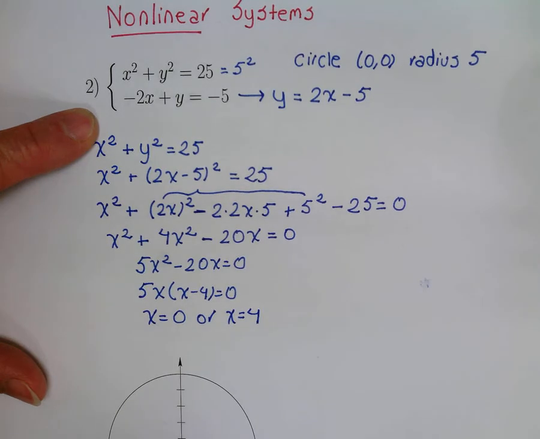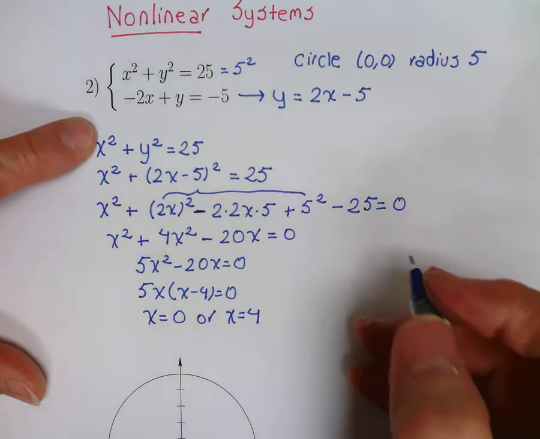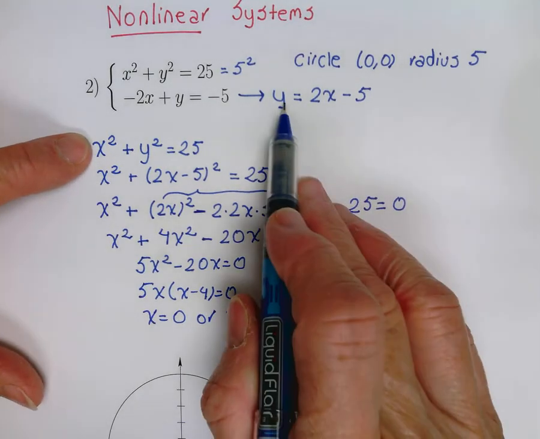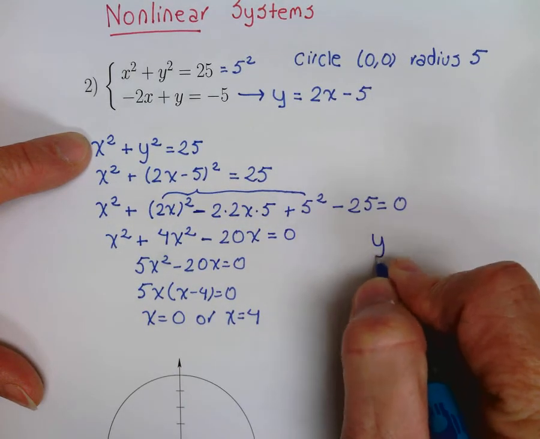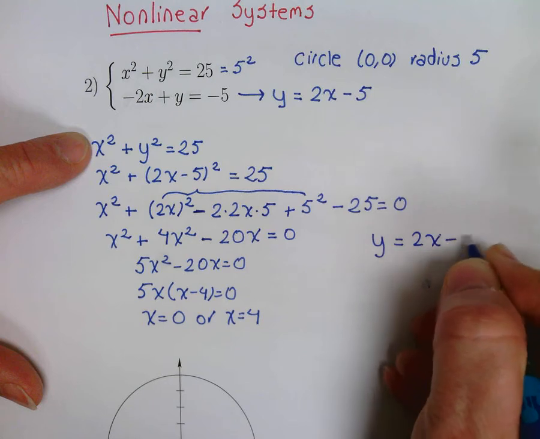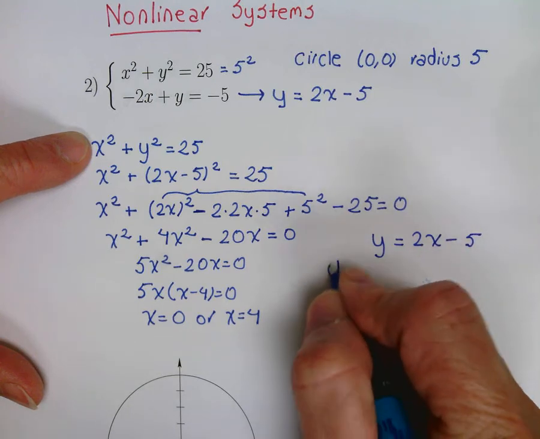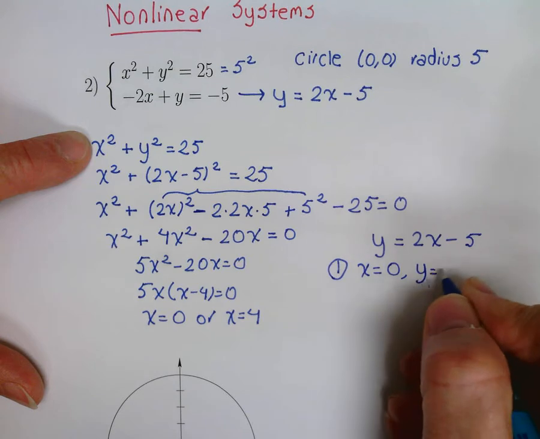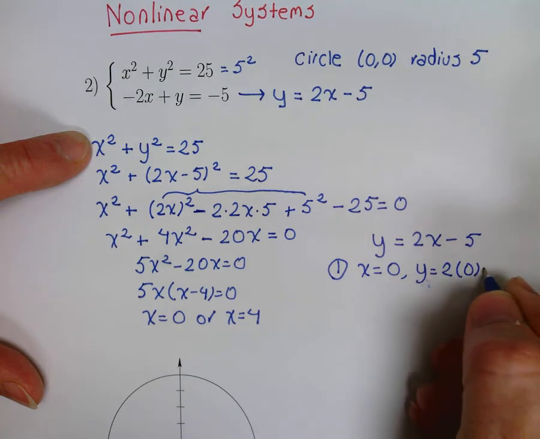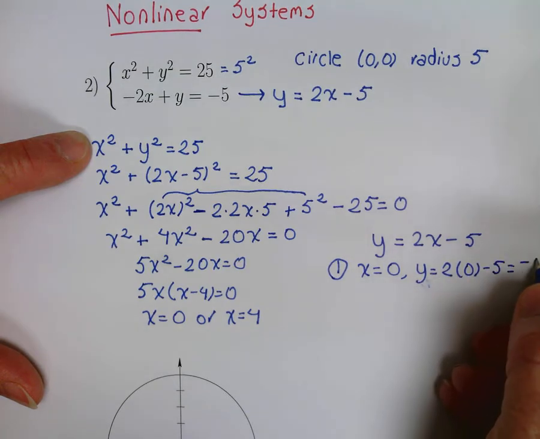Okay. Now how do I find the corresponding y value? I can go back to my substitution. y equals 2x minus 5. So first of all, if x equals 0, y equals 2 times 0 minus 5, which is negative 5.